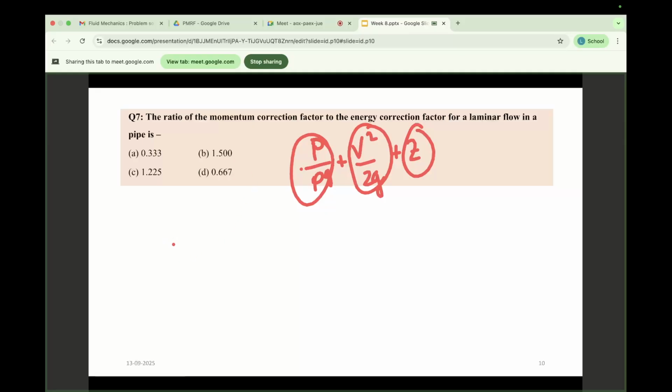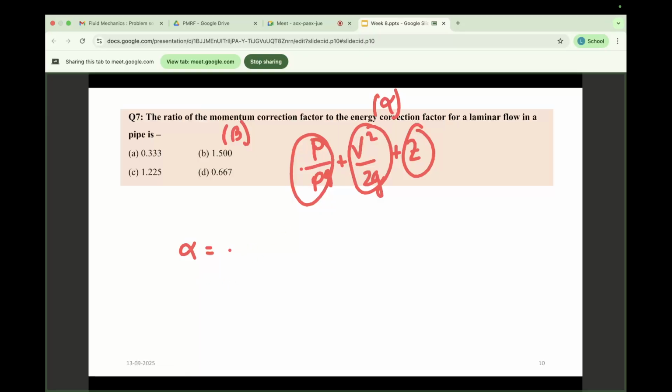For this kinetic term, there is a correction coefficient. The momentum correction coefficient is generally represented by beta and the energy correction coefficient by alpha. What is the formula? Please remember this formula, because it will help you.